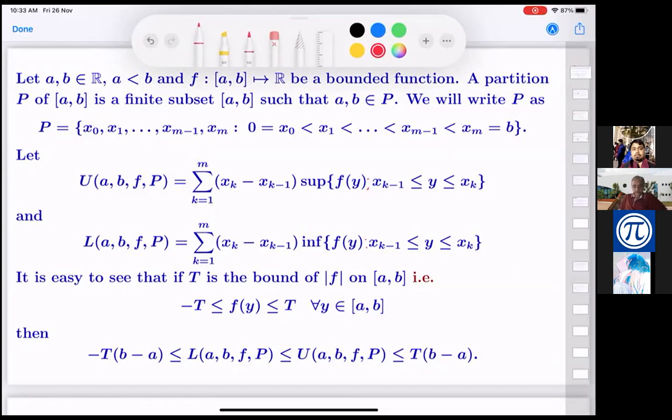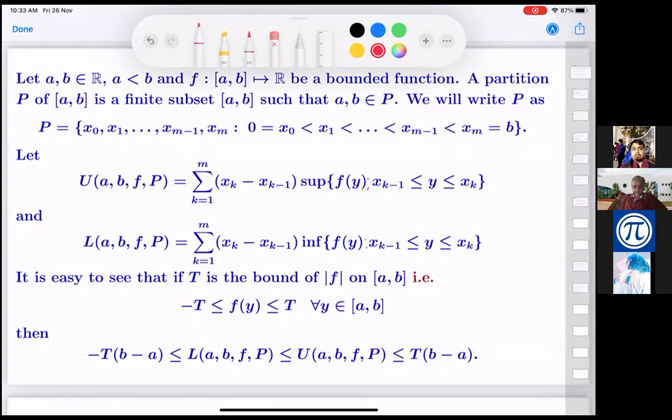Now it is easy to see that if capital T is a bound of mod f, since f is a bounded function, there will be some capital T such that minus T is less than or equal to f(y) less than or equal to T for every y in [a, b].